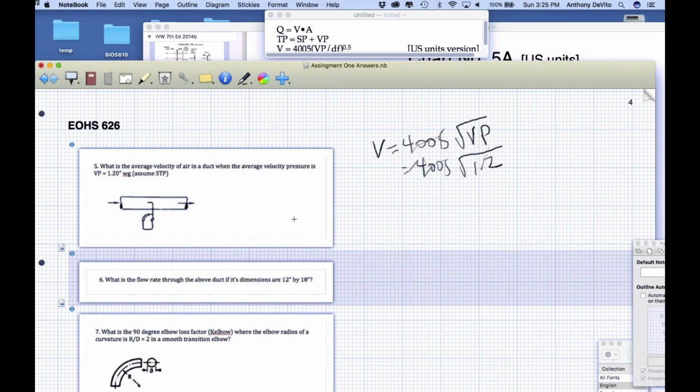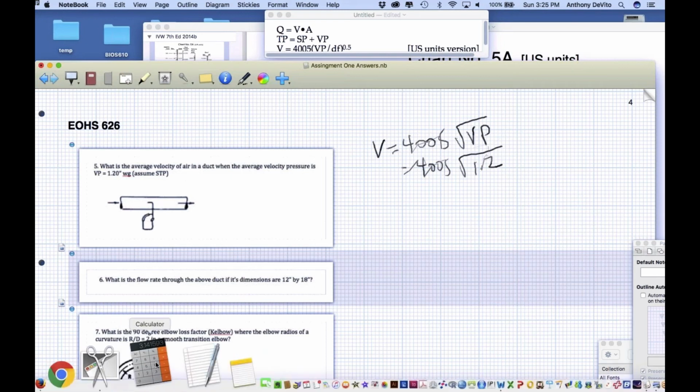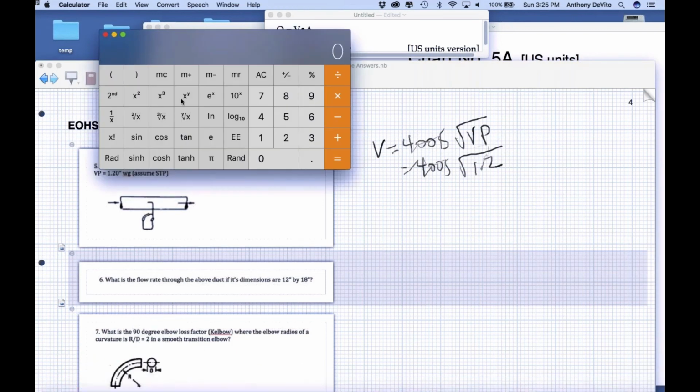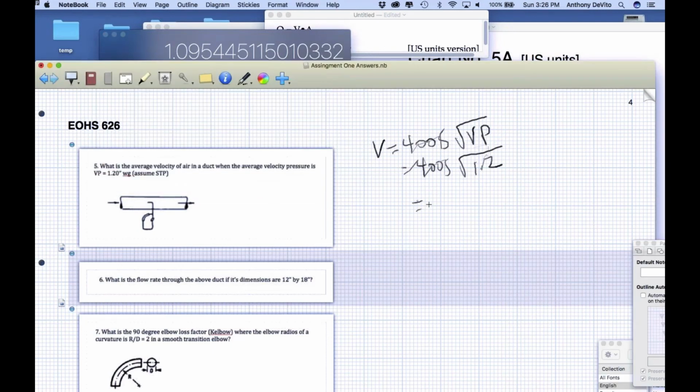Okay, and the reason we can use inches of water here, that 1.2 number, directly without any other conversions to convert it into feet per minute is because the 4005 has the conversion built into it. So let me clear this. The square root of 1.2 is about 1.1, so it equals 4005 times 1.1.